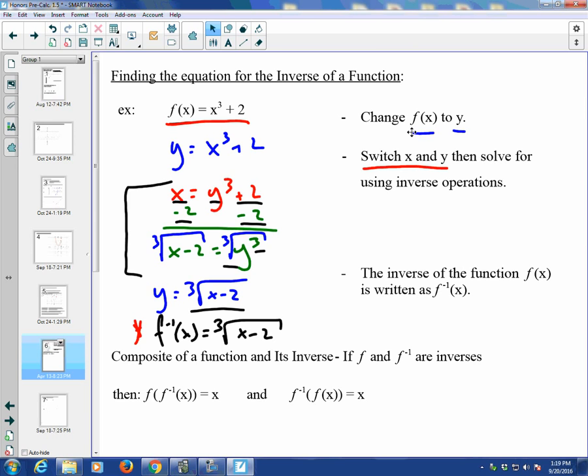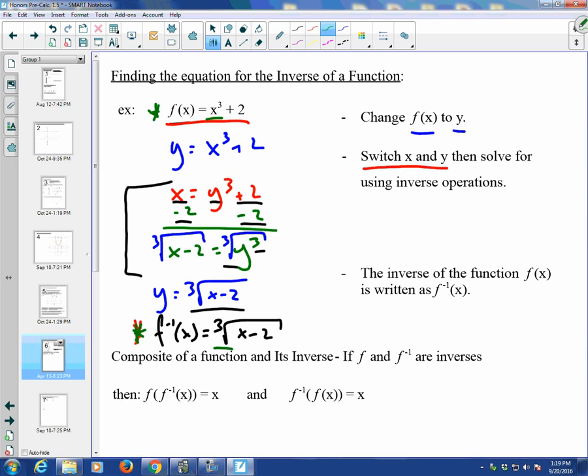Similarly, we can see that if we look at the inverse's relationship to the function, f is going to undo what f inverse does to its input. So right here, if we look at f inverse, we would plug in an x, subtract 2, and then take the cube root. If we plug whatever we just got out of f inverse into f, the first thing we're going to do is apply the cube, which is going to undo the cube root.